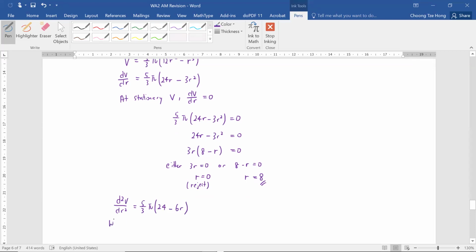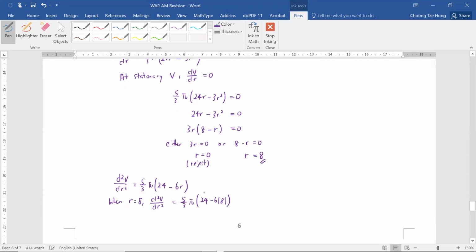So when r equals 8, d2V/dr squared equals 5/3 pi times (24 minus 6 times 8). If you do the calculation, you should get negative 40 pi. Let me do the calculation: 24 minus 48 times 5/3. Yes, negative 40 pi.